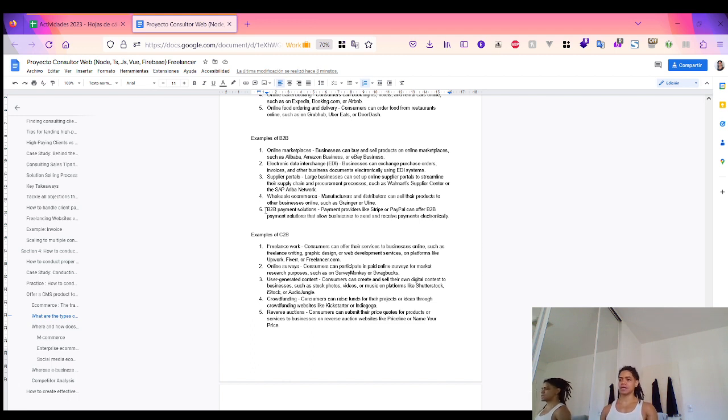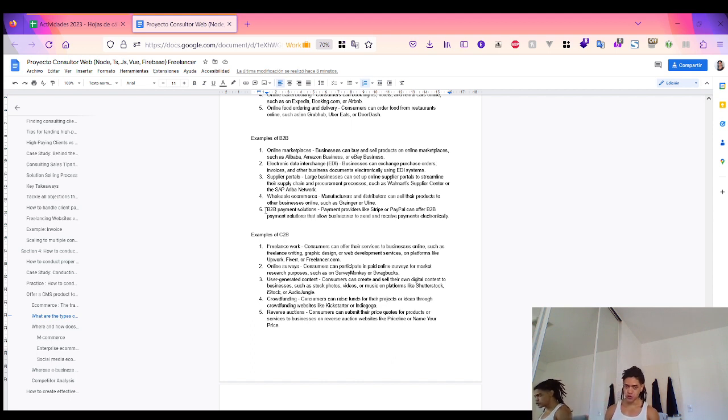But in any case, consumer to business is where consumers offer products or services to businesses, like freelance work, where consumers sell their services to businesses, such as freelance writing, web development, graphic design on platforms like Upwork, Fiverr, or Freelancer. Then you have online services, where consumers can participate in paid services for market research purposes, such as SurveyMonkey.